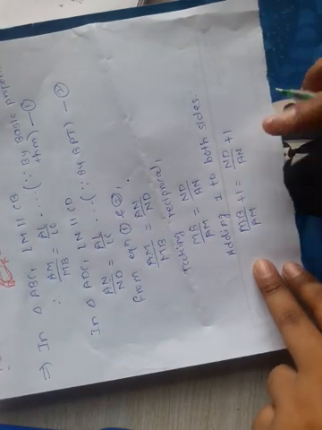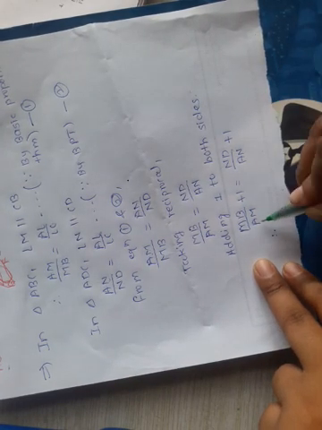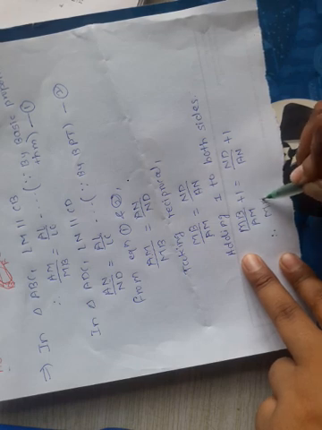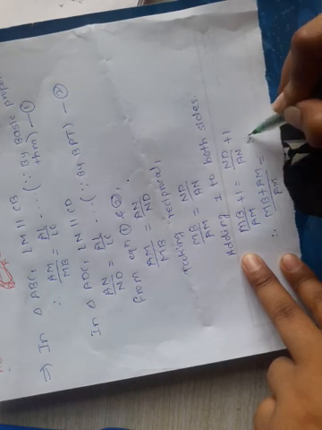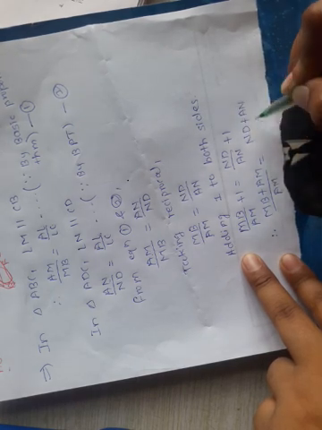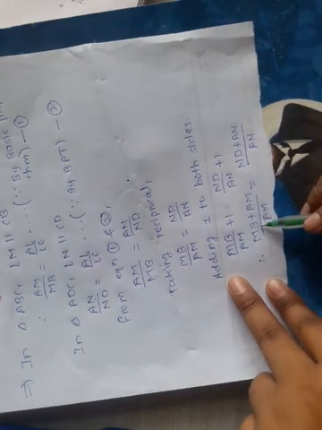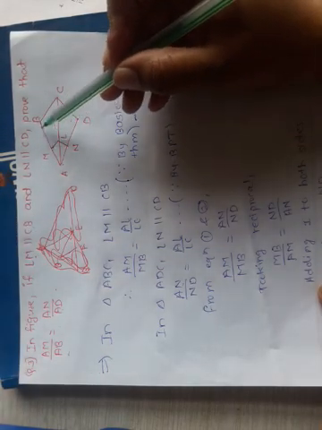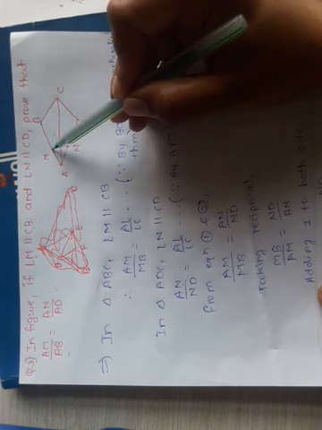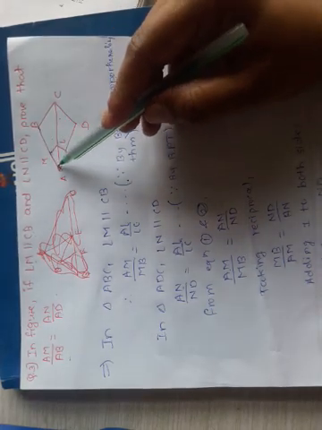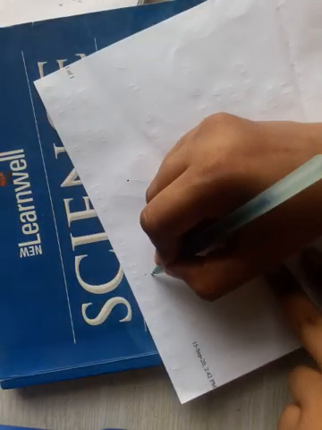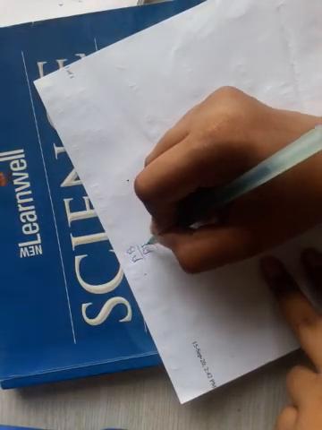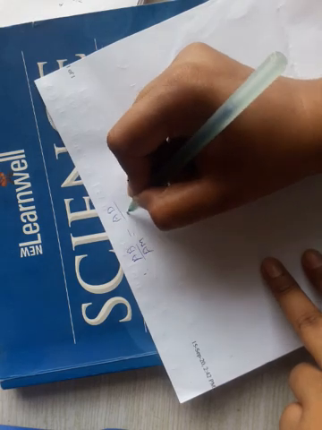Now taking the cross multiplication, we get (MB plus AM) upon AM is equal to (ND plus AN) upon AN. Now MB plus AM means our whole side AB, and ND plus AN is our AD. So write down here, therefore AB upon AM is equal to AD upon AN.